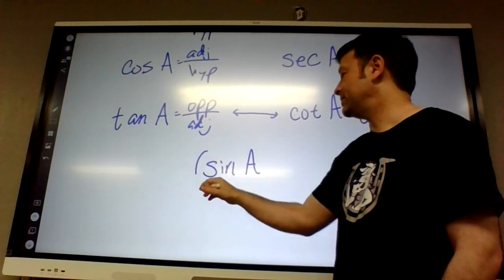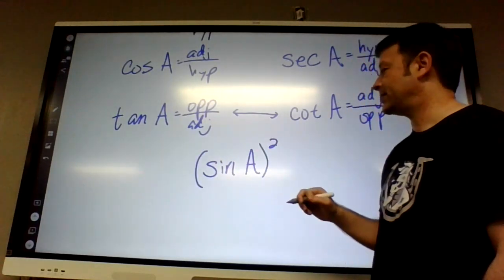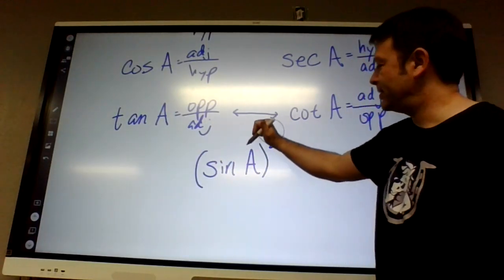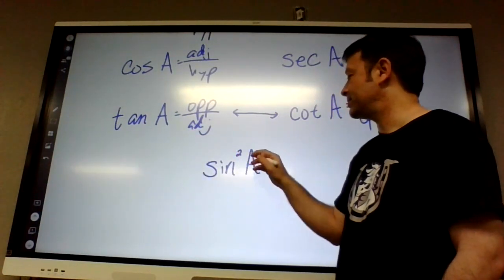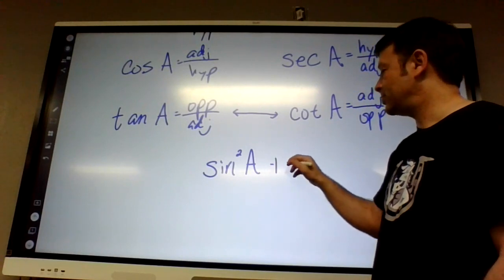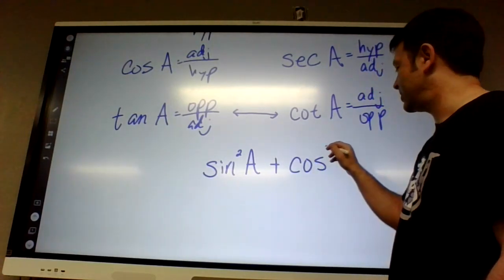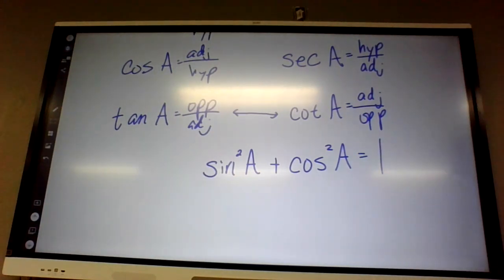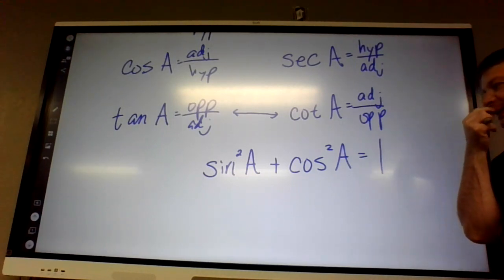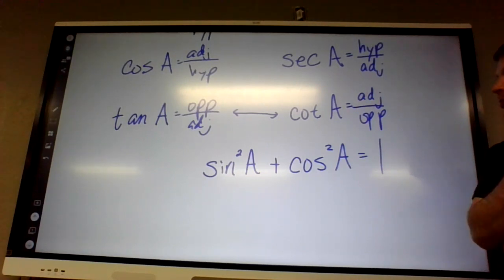Technically, they could have done it the other way, but anyway, if they want to square the sine function, they put the little 2 right there. Sine squared plus cosine squared always equals 1. So basically it has to do with the Pythagorean theorem. Kind of works with sine and cosine too. Sine squared plus cosine squared equals 1.